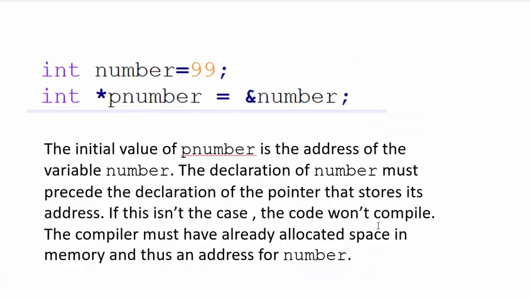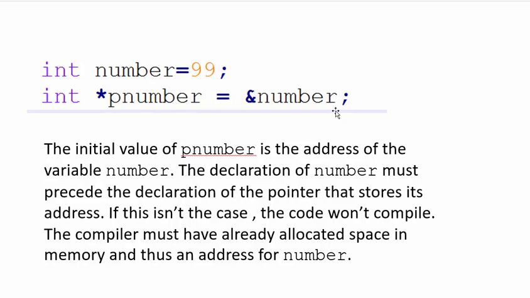Let's look a little bit more at declaring our pointers. Back to the example I had a moment ago. I guess I changed the value that's associated with the variable whose identifier is number. Notice my use of correct terminology there. So the initial value of pnumber is the address of the variable number. The declaration of number, this line right here, must precede the declaration of the pointer.